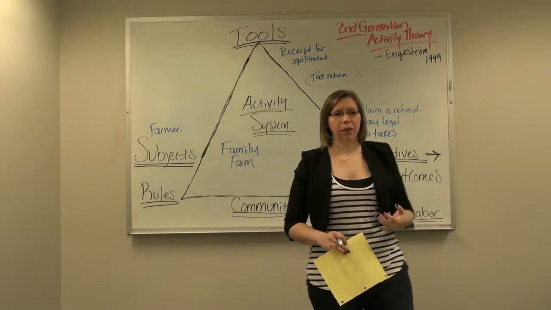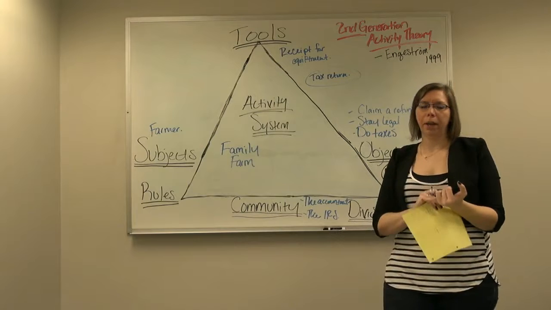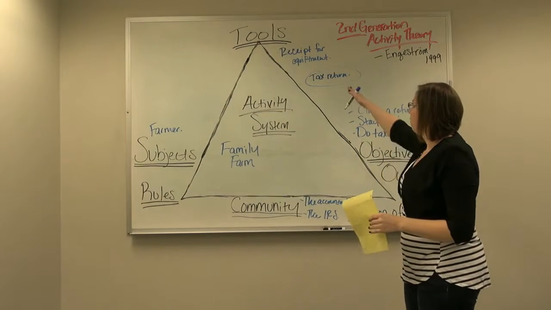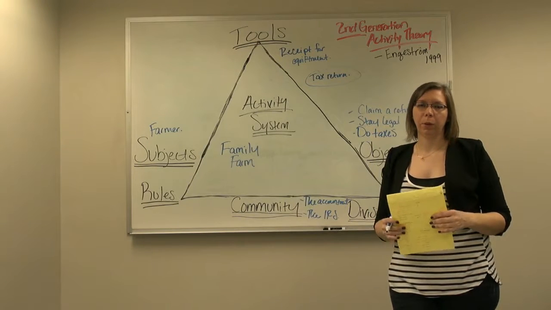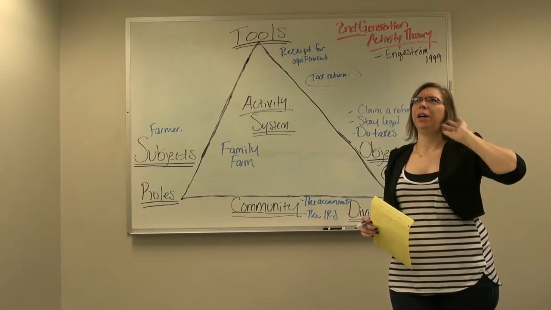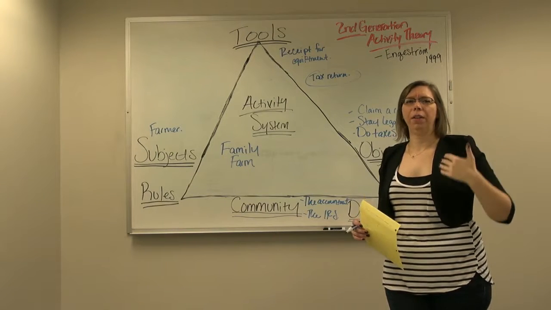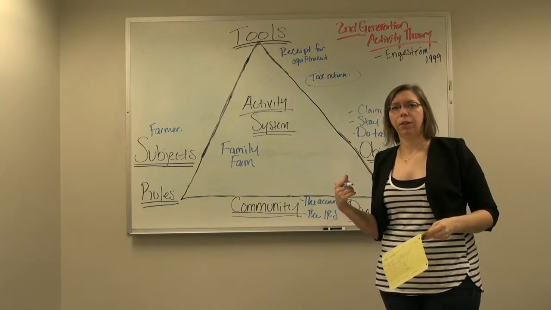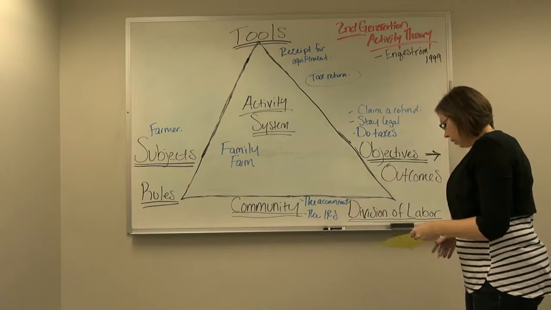Do you want to do it by who makes the most money? Or how important they are to the completion of this document or the use of this tool? Or do you want to do it by some other hierarchy? You have to think about that too when you're trying to fill in this division of labor piece.